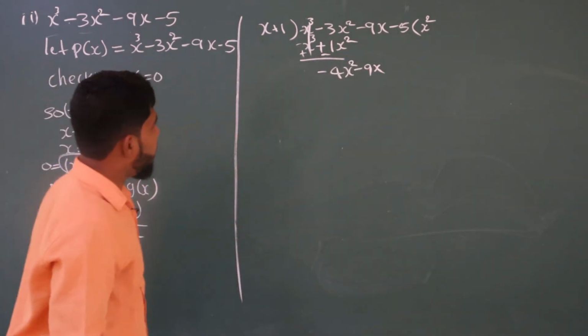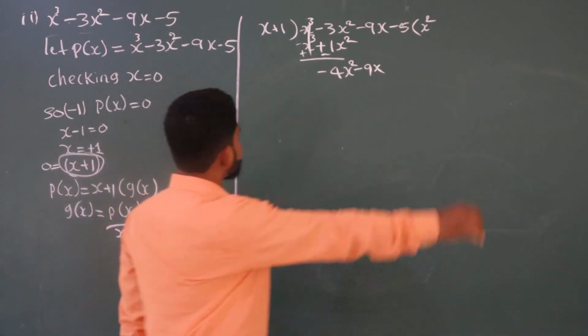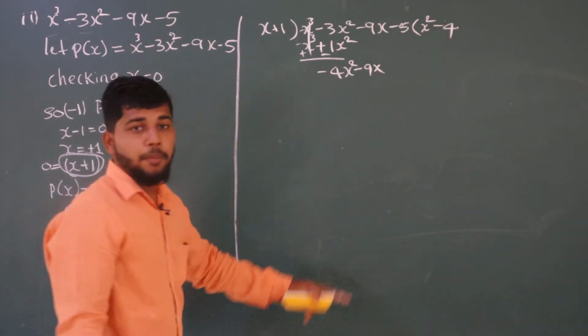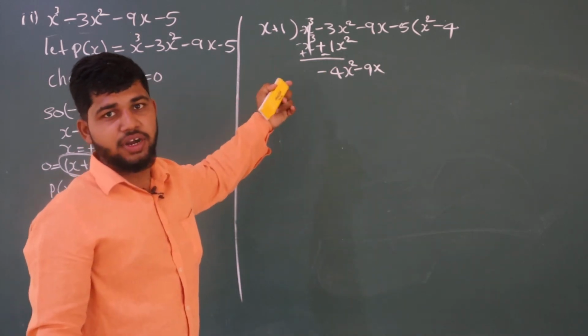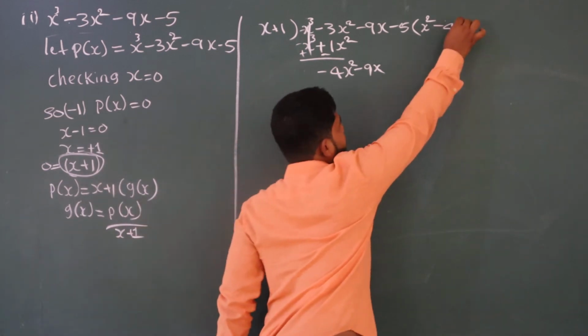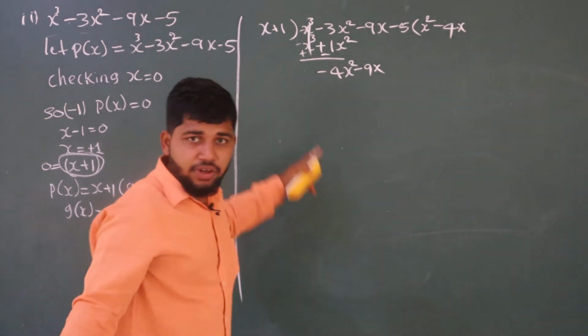Now dividing minus 4x square by x gives minus 4x, and the divisor is x plus 1.